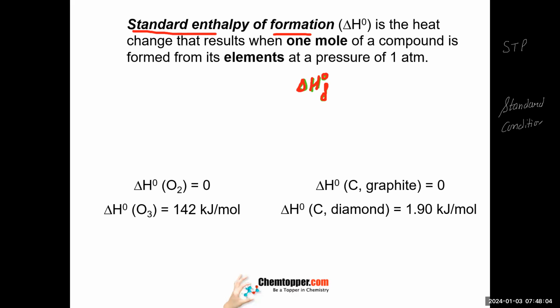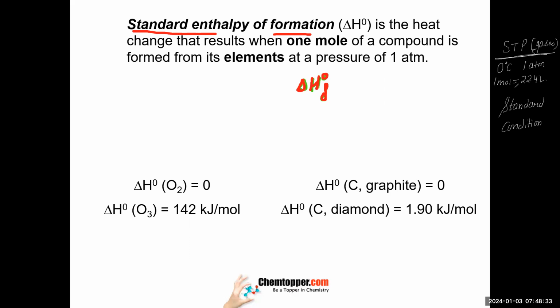Do you remember STP? STP is valid only for gases. Do you remember STP conditions, children? Yes, STP conditions: 0 degrees Celsius, 1 atm pressure, and 1 mole of gas is 22.4 liters. Yes, Ariba, good.